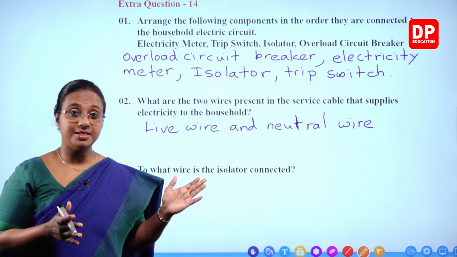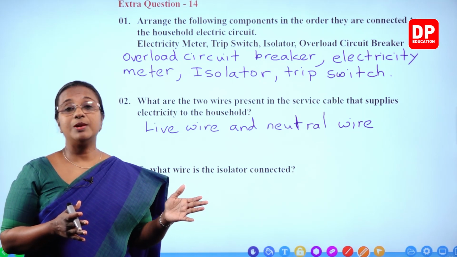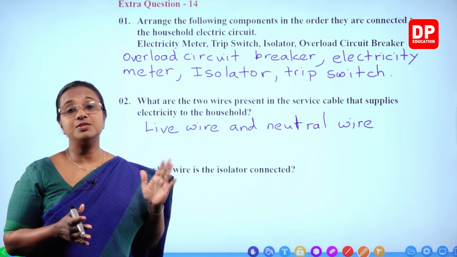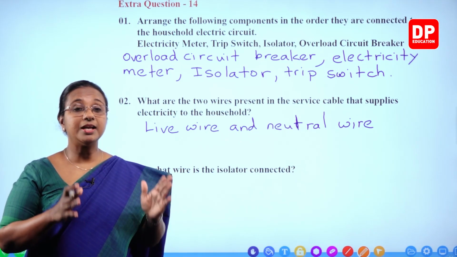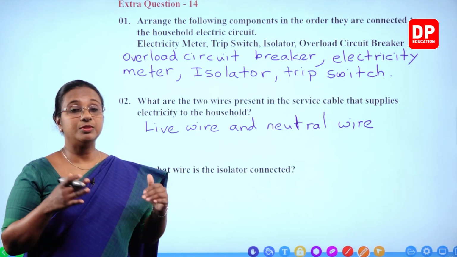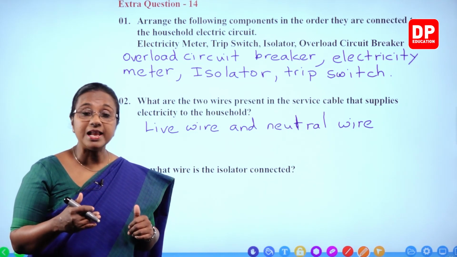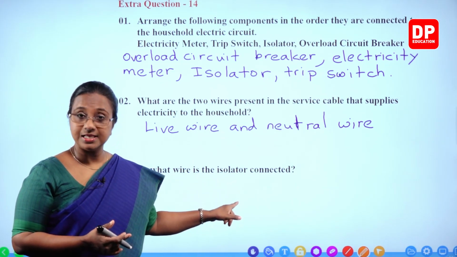But from the electricity meter, initially we have the overload circuit breaker. There it is only connected to the live wire. The overload circuit breaker disconnects only the live wire. Then the live wire is connected to the electricity meter. From the electricity meter, the live wire connection is given to the isolator.